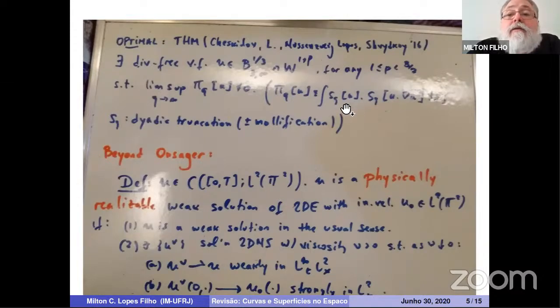Now, this S_q is dyadic truncation, and dyadic truncation is a kind of mollification. So this term, pi_q of u, has the kind of structure of the u dot grad u of the Reynolds stress.